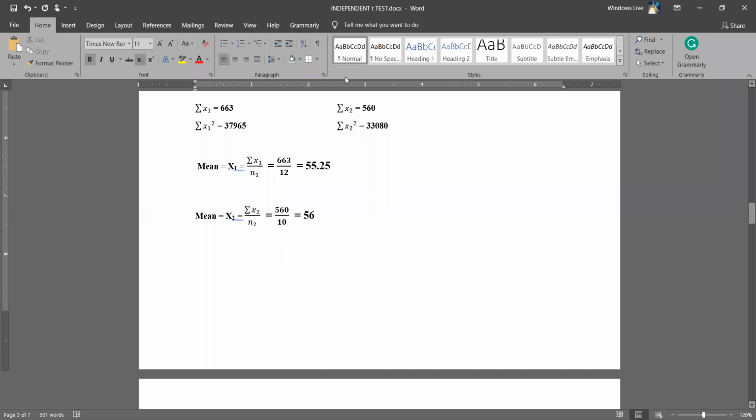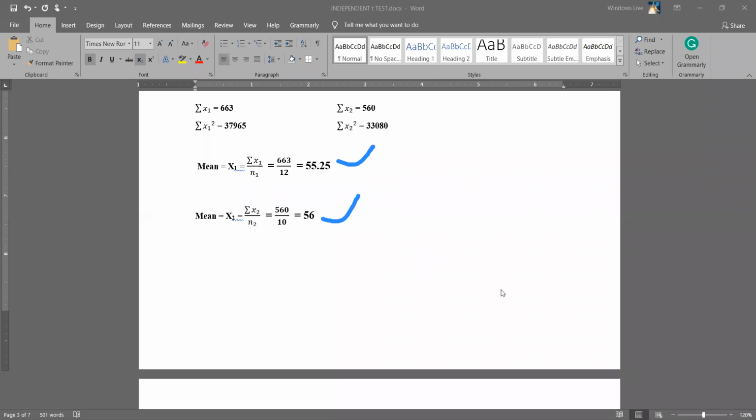All right. This means that your numerator will be 55.25 minus 56. Because per the formula, it is mean 1 minus mean 2. We know mean 1 to be 55.25, then mean 2 is 56.